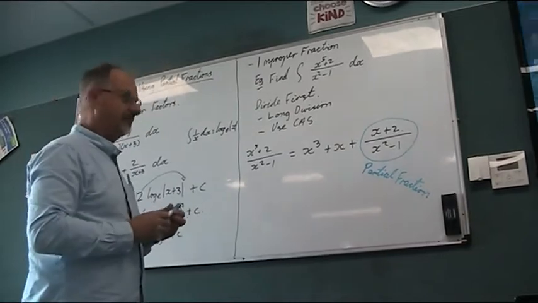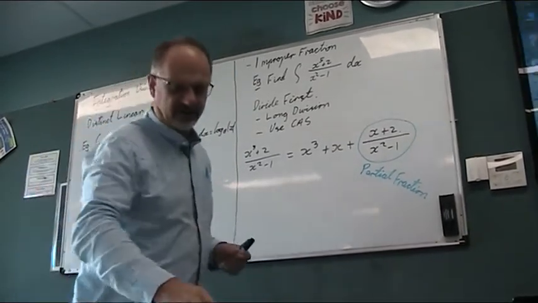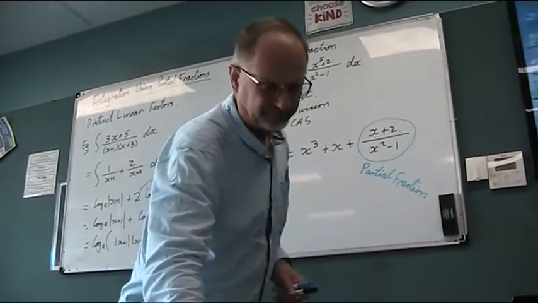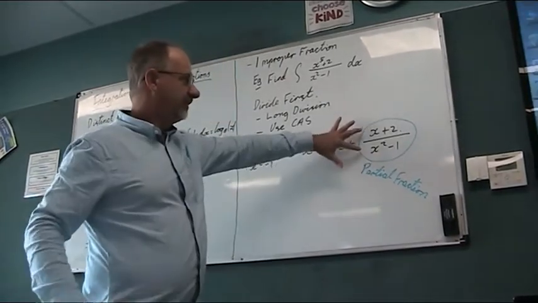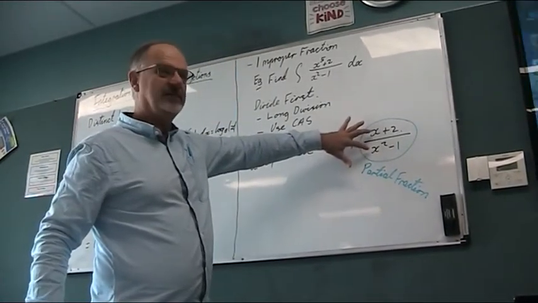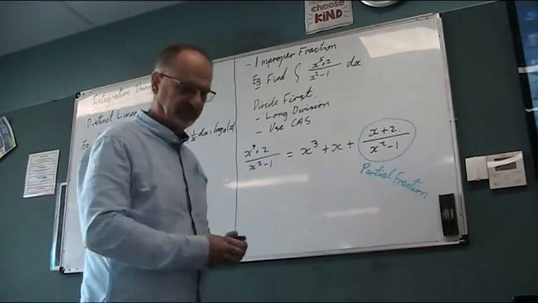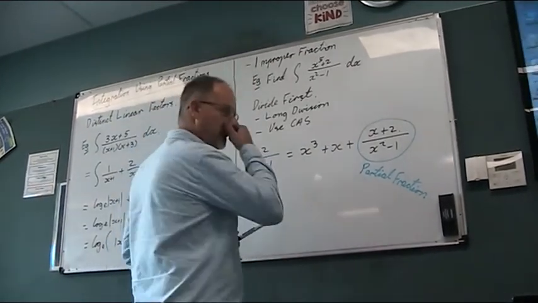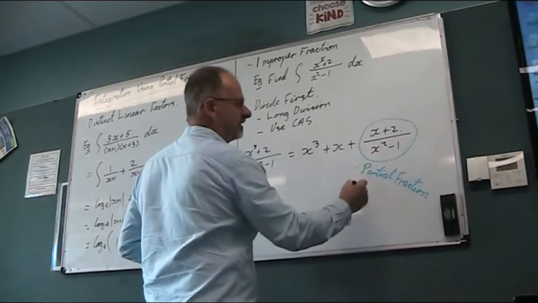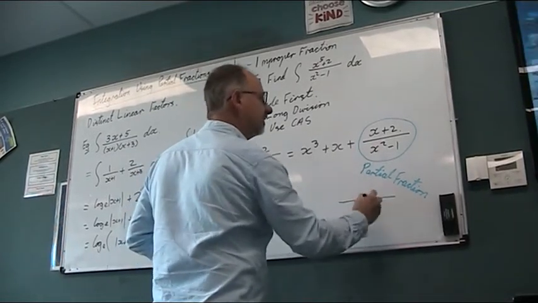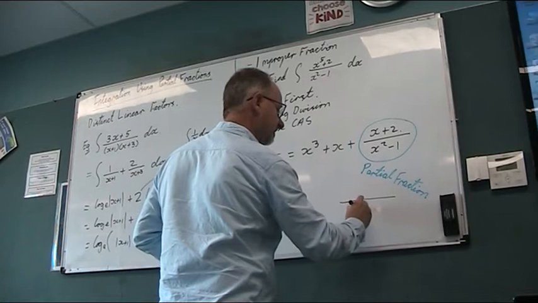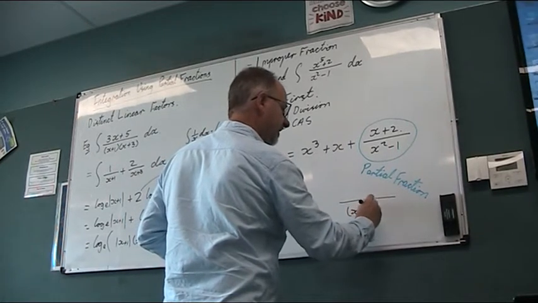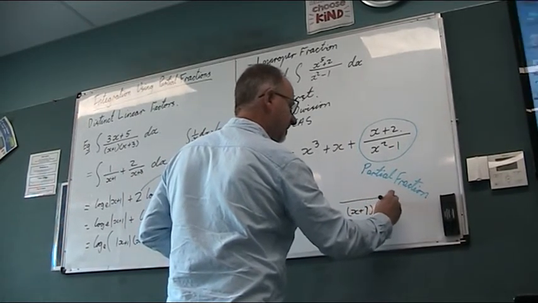Right, on that bit, I'm going to use the calculator again to find out what this bit here is in partial fractions. Just before I do that, the denominator is x squared minus 1. If you do a difference of squares on that, you'd get x plus 1, x minus 1, wouldn't you?